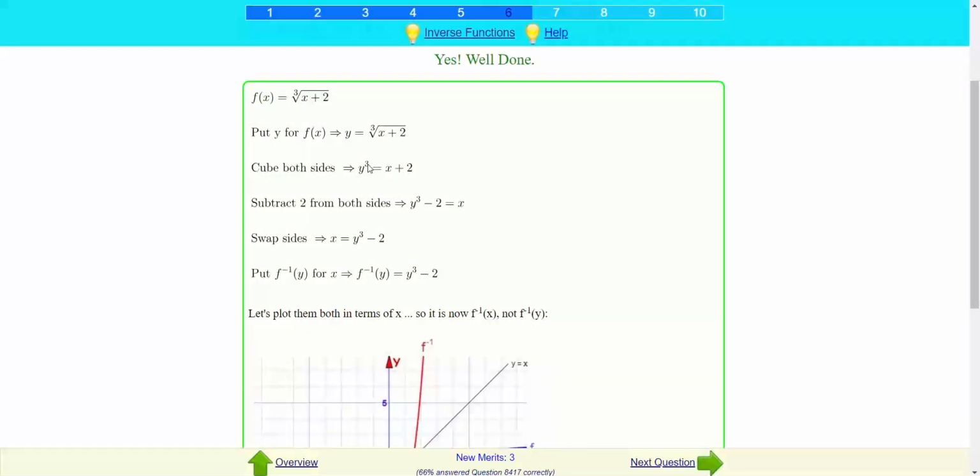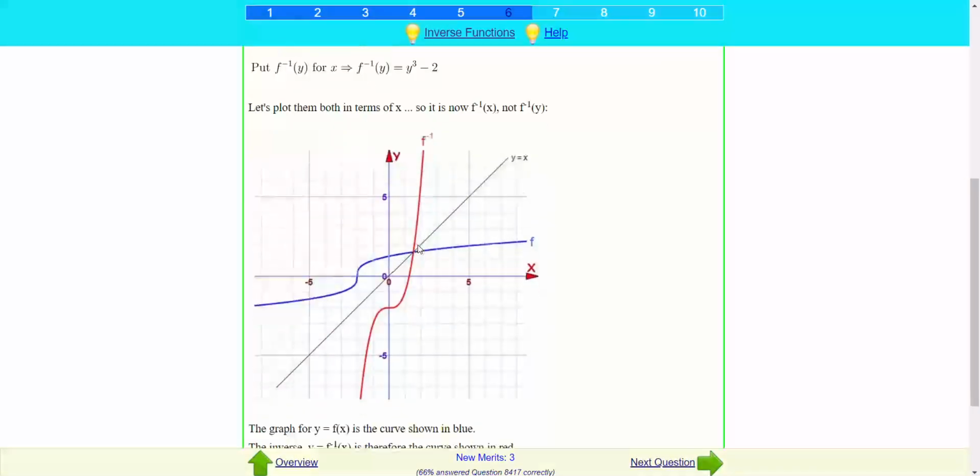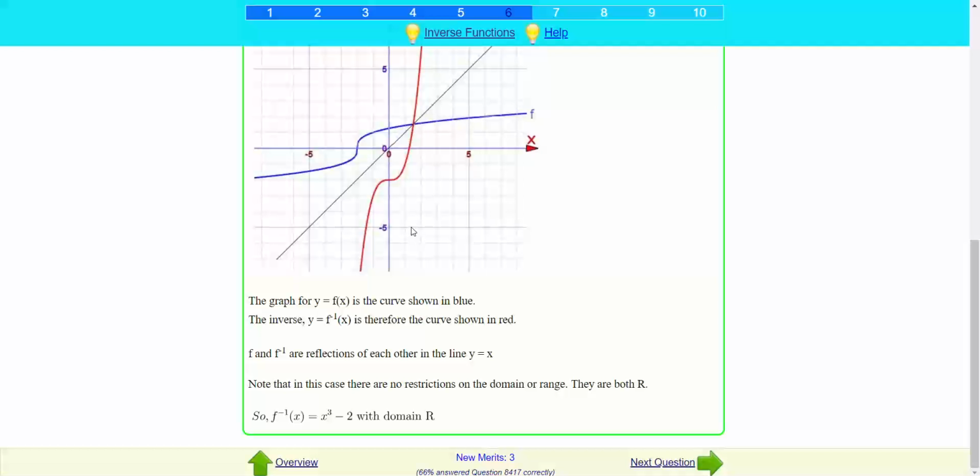You get rid of this by getting the power of 3, and then if you try to plot these two, the y to the x, this is when they form the inverses of each other. Reflections over y equals x.